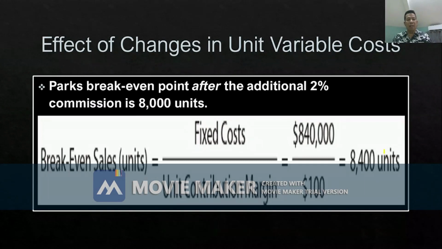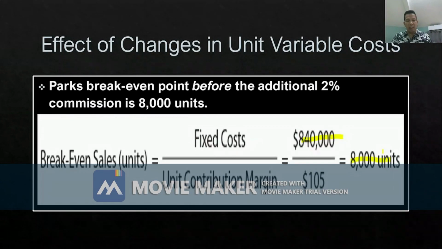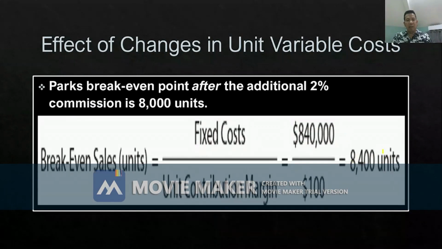While sa kanilang proposal na additional 2% commission, ito na yung break-even point after na nagkaroon ng 2% additional proposed commission for 8,000 units.